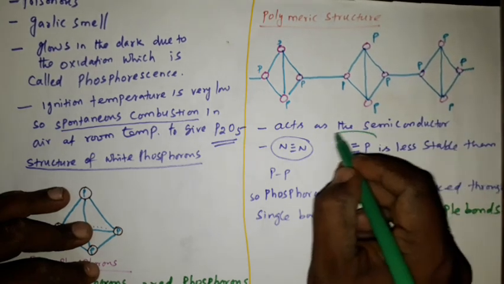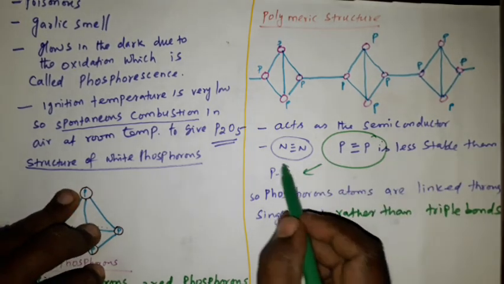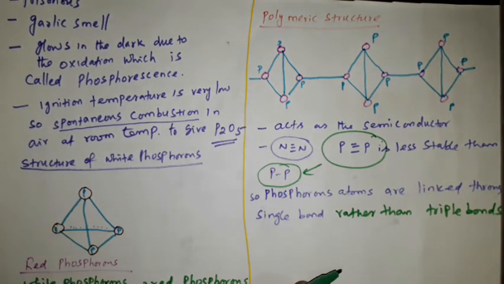Okay, so this structure is less stable than this structure. So it always exists as P single bond P.